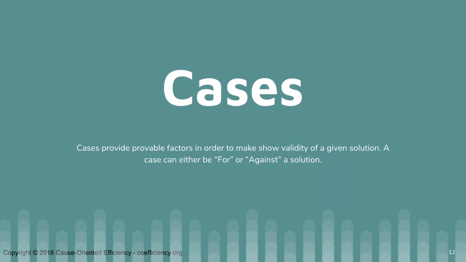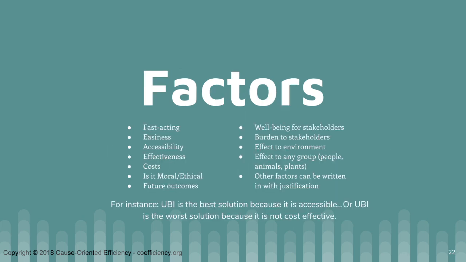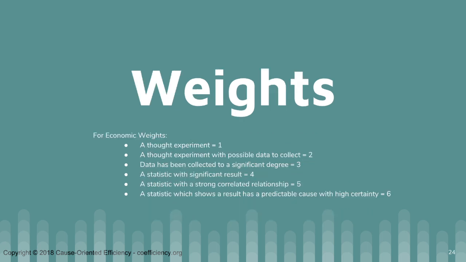And each case has factors, and factors are essentially provable sources for the argument being made for or against. And how provable those factors are is basically a ranking system that I call weights. Some weights are higher than others, and the way that this calculation is done is to take all of that into account and to reduce it to a number. So let's get started into the presentation here.